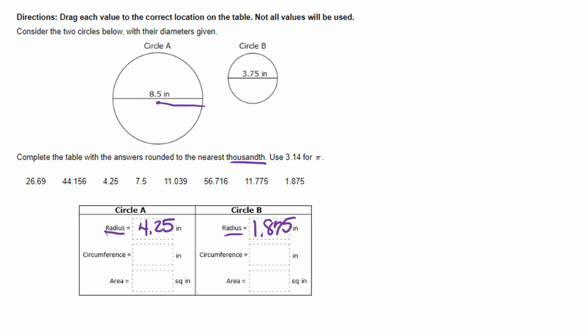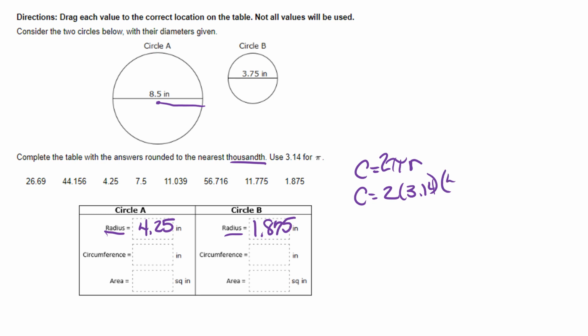Now we're going to look at the next one. It's circumference. We know the formula for circumference is pi times 2r or pi times d, either one. Okay, but I just like to use r. It just makes it a little easier for me because then area and radius are dealing with the same thing.